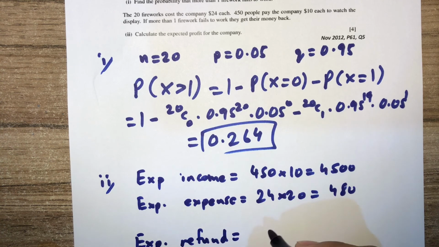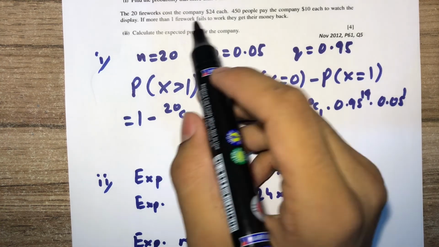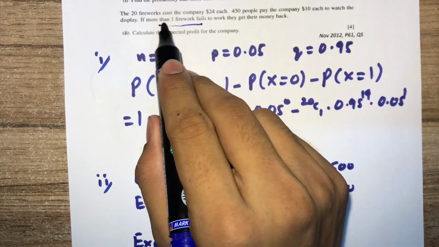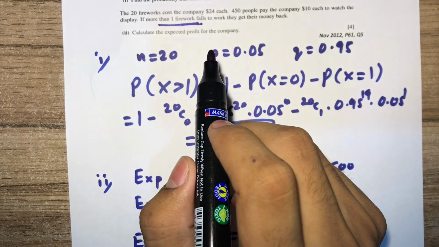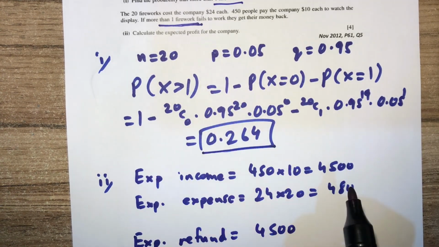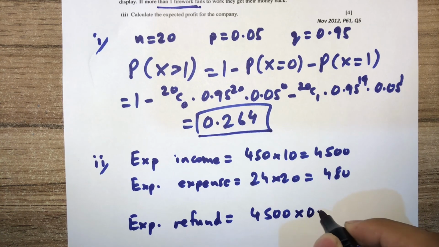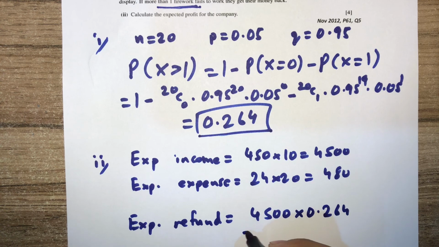So they're getting 4,500, right? To find the expected value of giving the refund, it will be in the case when more than one firework fails to work. And for more than one firework to fail to work, we found the probability in the first part, that was 0.264. So to find the expected value of the refund, we'll multiply this by 0.264. This gives the expected refund.